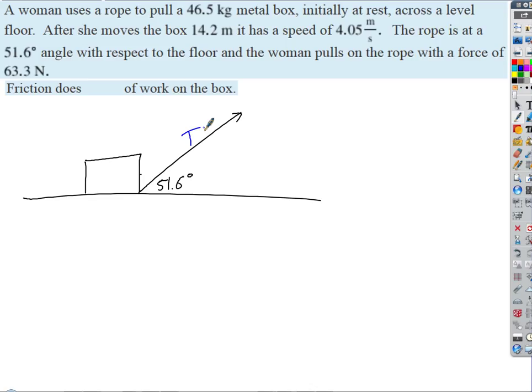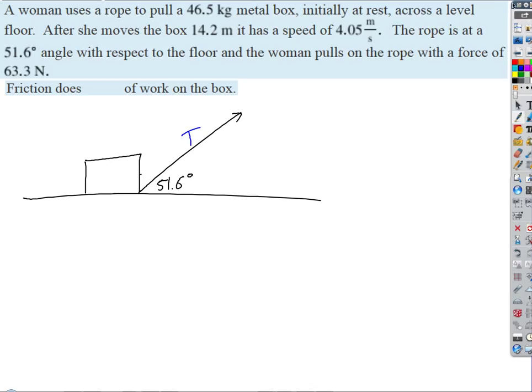After she moves the box 14.2 meters, it has a speed of 4.05 meters per second. So we know the final kinetic energy. The net work is equal to the change in kinetic energy, and the net work is just the work due to the tension plus the work due to friction, right?